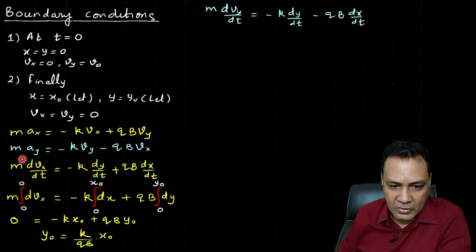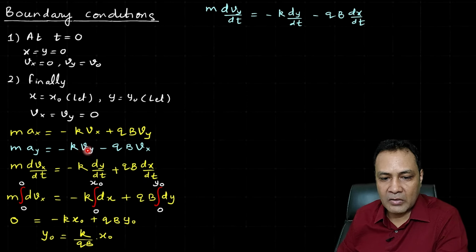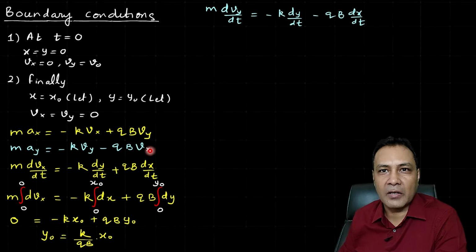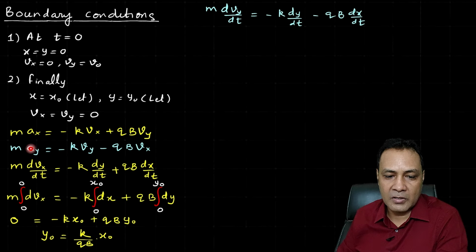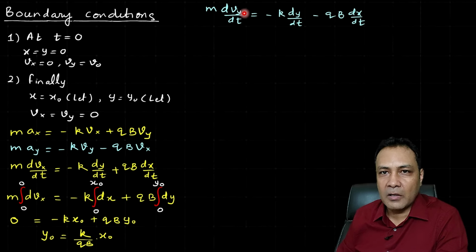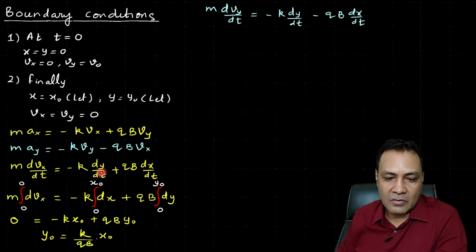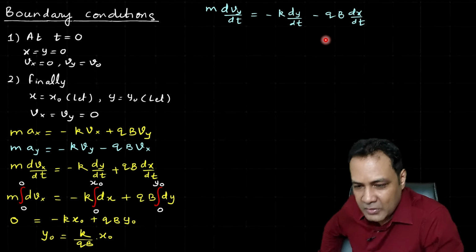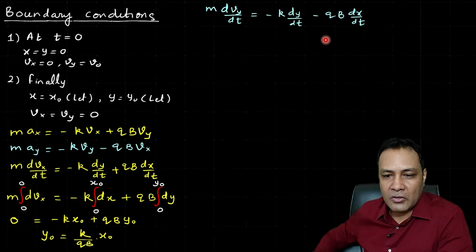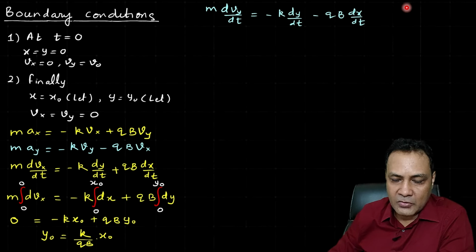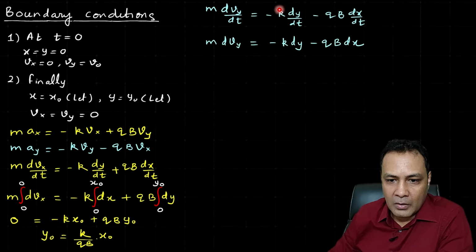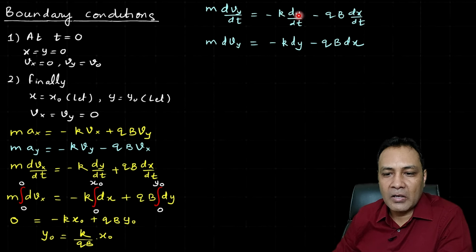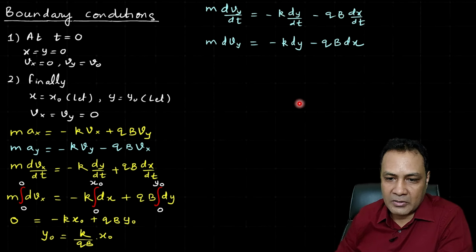And now this one, m ay is minus kVy minus qBVx. Again, in place of ay write dVy by dt, in place of Vy write dy by dt, in place of Vx write dx by dt. In the same way multiply both sides by dt, so this equation will become m dVy is equal to minus k dy minus qB dx.